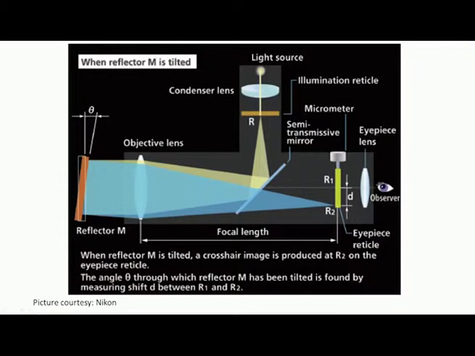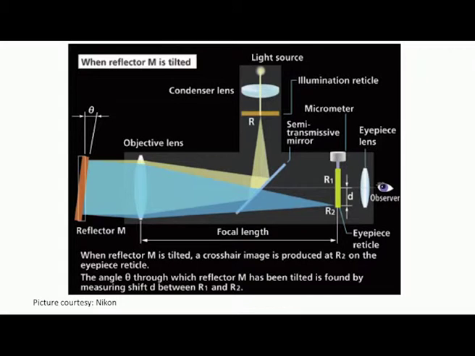Now, this shows the principle of working of the autocollimator. You can see we have the eyepiece lens here, and then this is the micrometer.